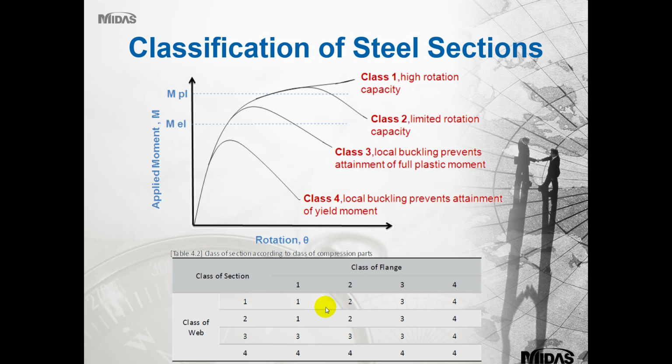So say the class of the flange is class 3, then you go across. But if the web is in a worse state, so say that the web is a class 4, then the section will be considered a class 4. So whatever is the worst case, so say the flange has got a 4 and then the web has got a 3, then it will always be the higher classification that is selected.